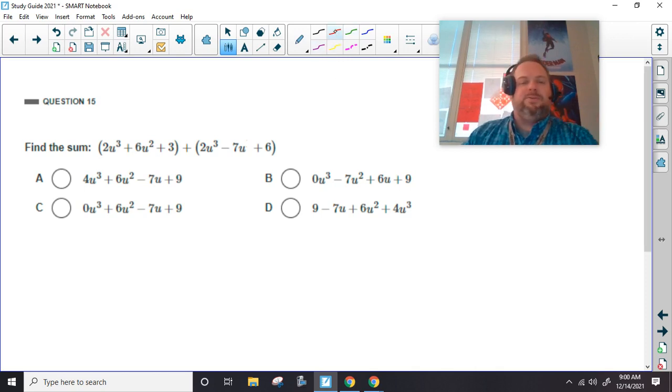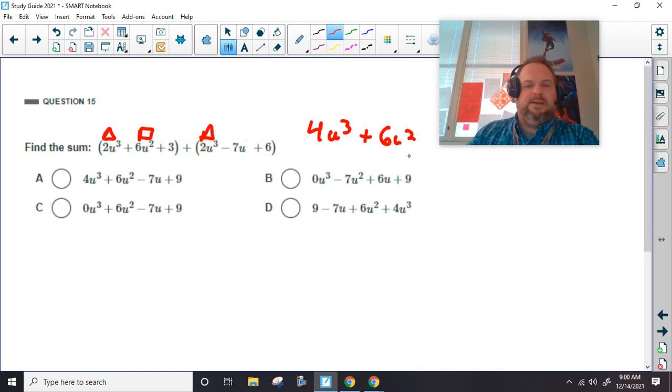Because when we go through, 2 plus 2, so this is 4u to the third plus 6u squared. This should be minus 7u and then plus 9. So it should be this one.